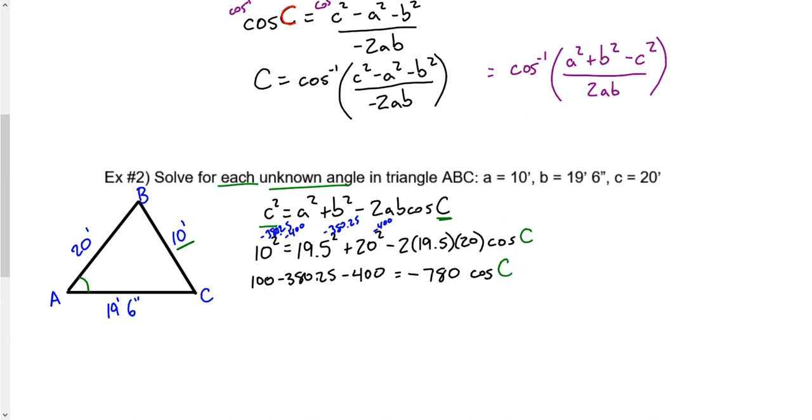Cosine of our unknown angle. 100, subtracting that 380.25 and subtracting that 400, is a negative 680.25. So I want to divide by the negative 780 to get my cosine by itself.